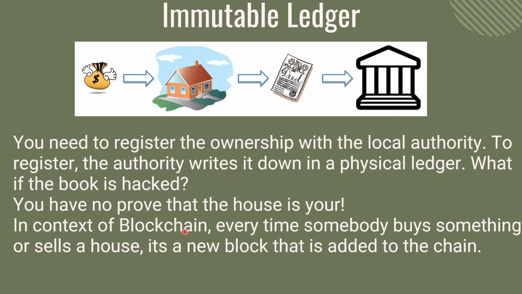In the context of blockchain, every time somebody buys or sells a house, a new block is added to the chain. As it is digital and not stored in any physical entity, there is no possibility that your deed is lost or that the information about you buying the house is lost.